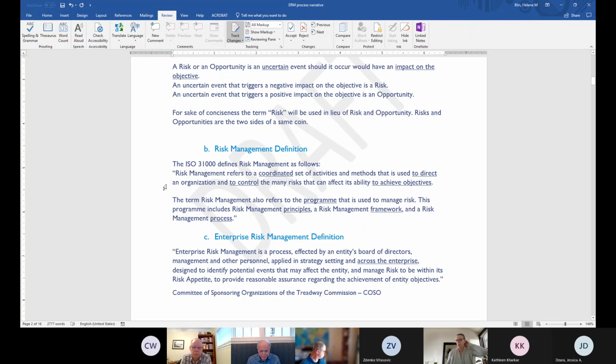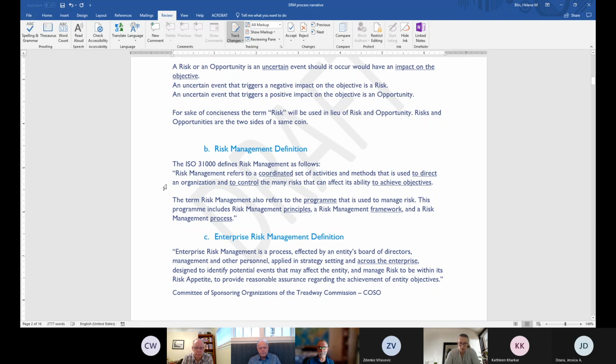So this is the framework, the methodology, therefore the methodology and the process Scott was referring to, that is used to direct an organization and to control the many risks that can affect its ability to achieve objectives. The term risk management also refers to the program that is used to manage risk. This program includes risk management principles, a risk management framework, and a risk management process. So all this is aligned with what we have in terms of purpose.